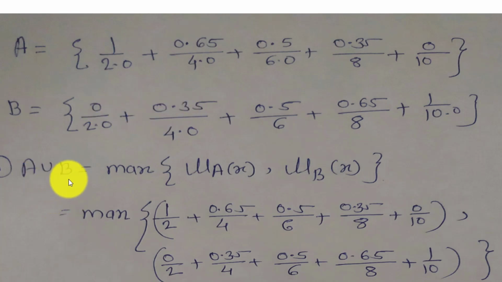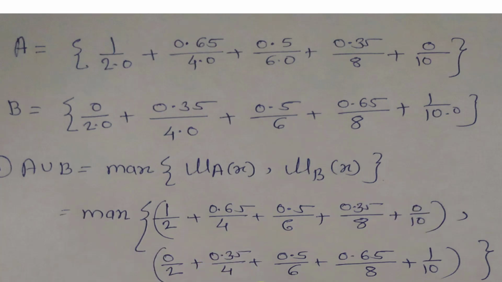Now while calculating A union B, we know that we are considering the maximum value from both sets, that is the membership value of A and the membership value of B. I am going to compare set A with set B, taking the maximum fuzzy element value, but the condition is that the denominator must be the same, that is 2, 4, 6, 8 and 10.